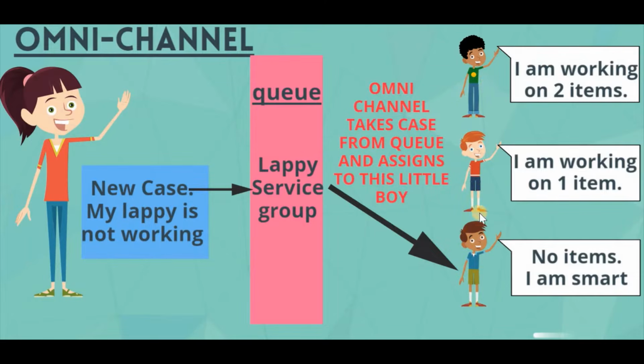It will see who is eligible to take this particular case. In this scenario, even though all three agents are qualified enough, the third person has the availability. So that is the reason it will automatically route that case to this agent. So the agent doesn't pick and assign it to himself. The case will be assigned to him and it will show in his pop-up. Then he needs to address it.